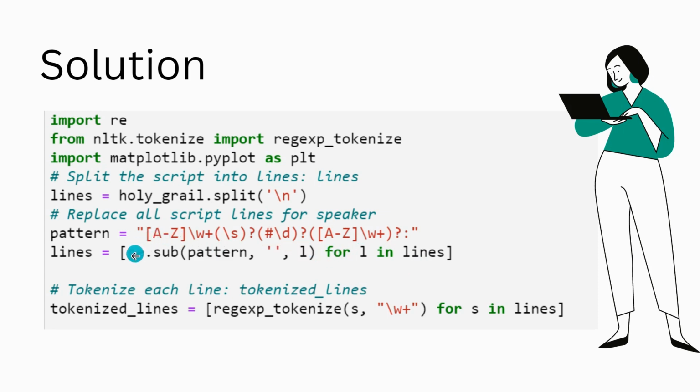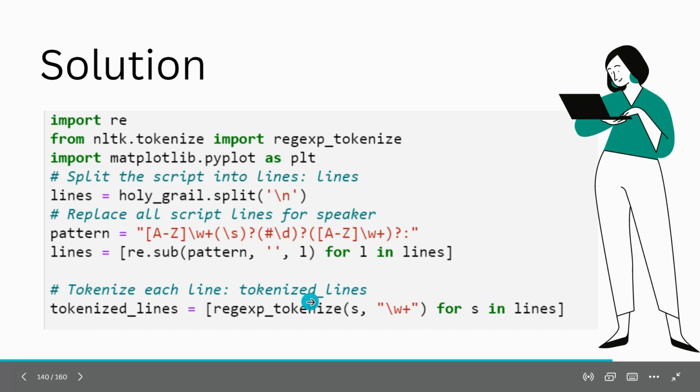This is what we want as an output: re.sub with the pattern, then an empty space, then L. L is taken from here, every line one by one. Then we are using sub, right? Again, here we are replacing all script lines for speaker. I hope you got it, right? Wherever the pattern occurs, I'm putting a space to replace it. Now tokenize each line.